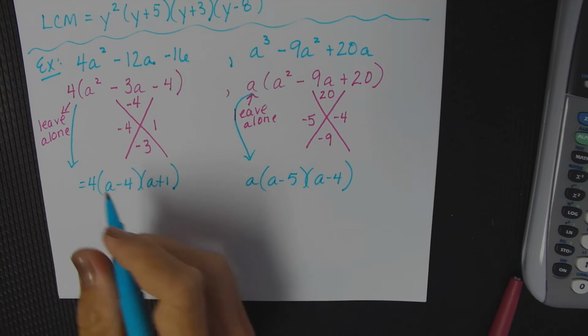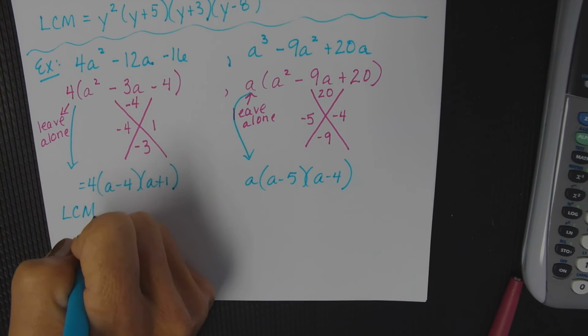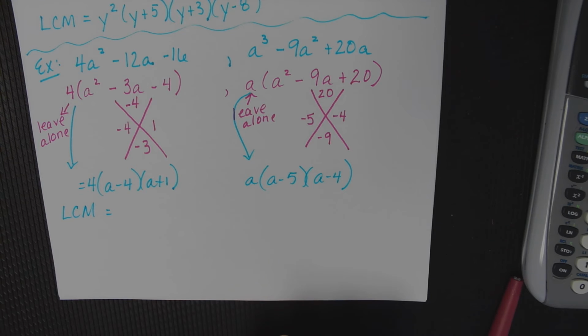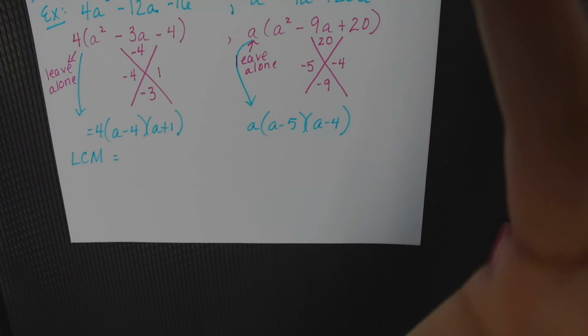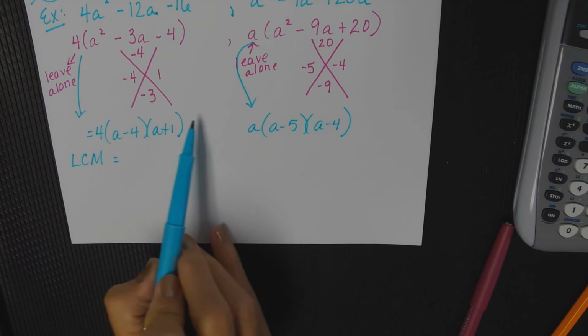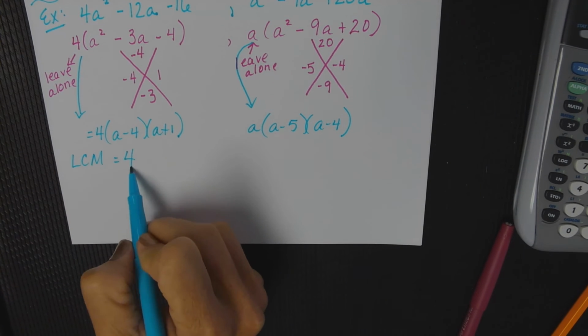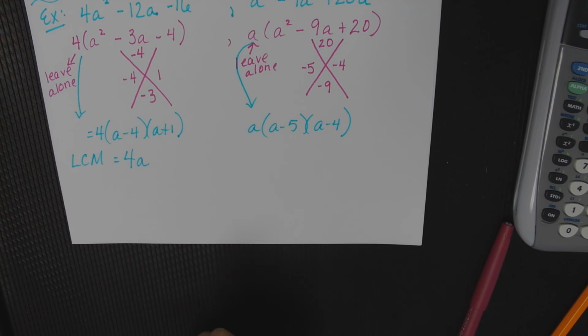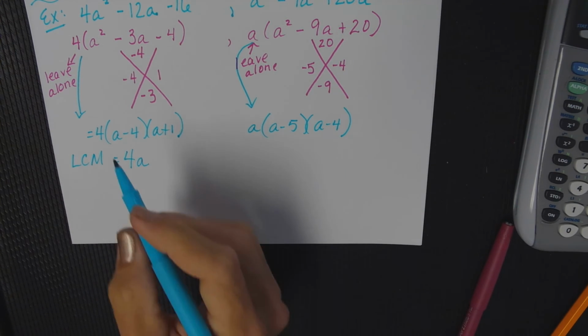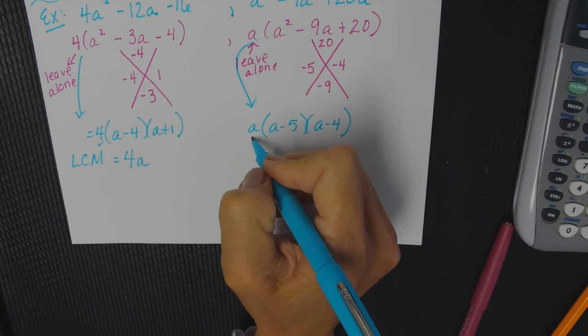Okay, now least common multiple. It's going to be kind of long. So don't forget, do we have another 4? No, write it. Do we have another a? No. Write it. Just write it right next to it. So I'm going to check and check.